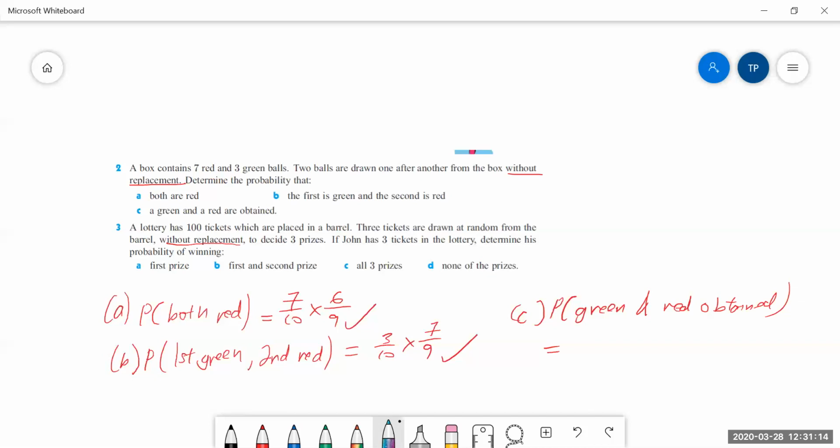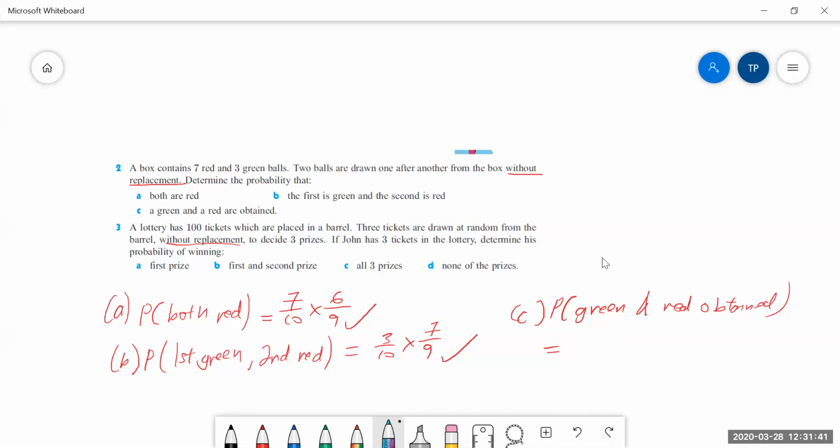If you can explain this to me, you understood already. But as your tutor, I still need to go through. The last part, do you times or plus? You plus. Correct, because you want first green, second red, or first red, second green.